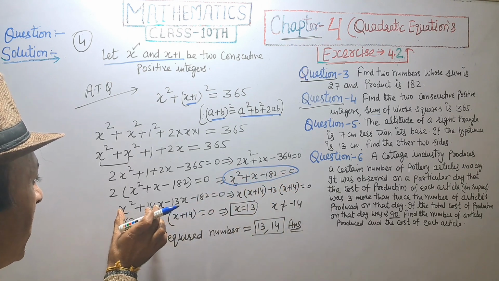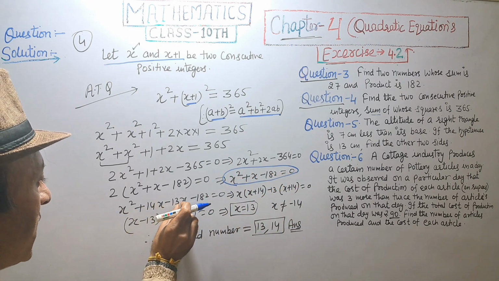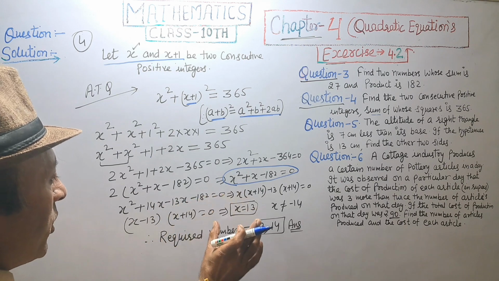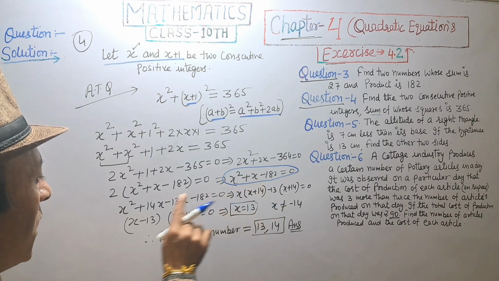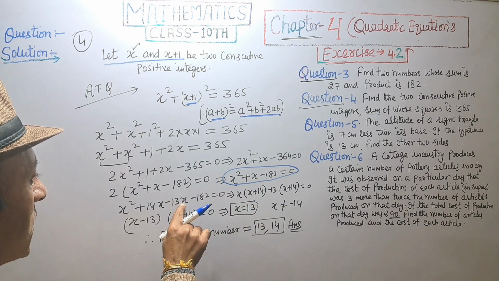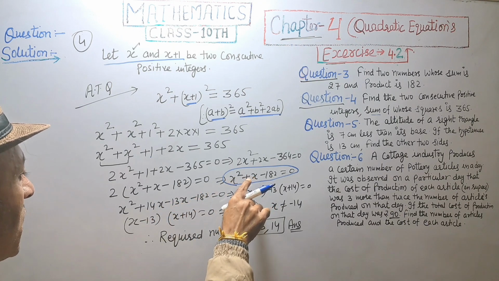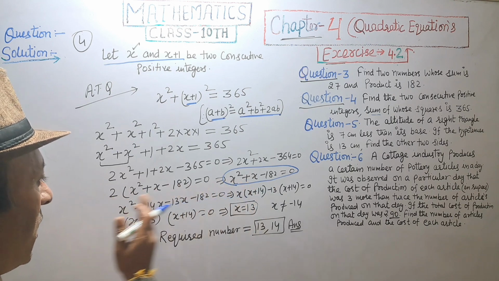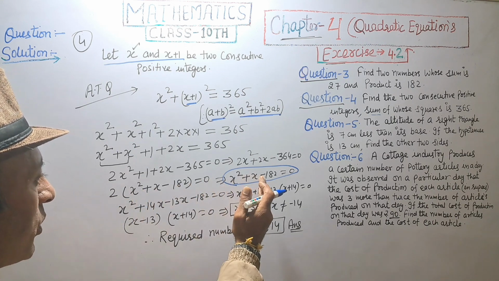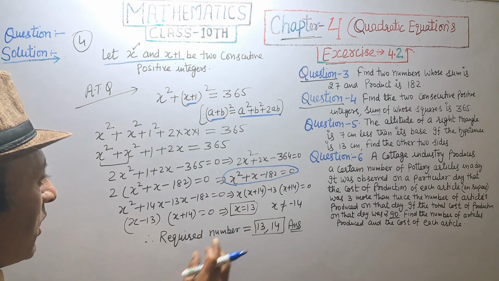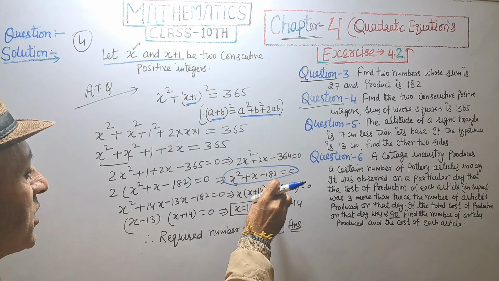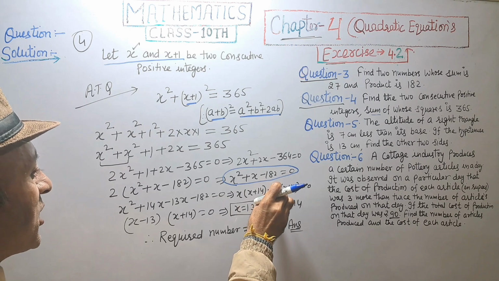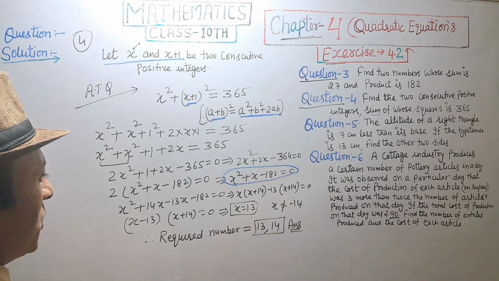Splitting the middle term: x squared plus 14x minus 13x minus 182 equal to 0, since 14 times 13 is 182 and 14x minus 13x is positive x. Taking x common, x into (x plus 14), and minus 13 common, minus 13 into (x plus 14), equal to 0.